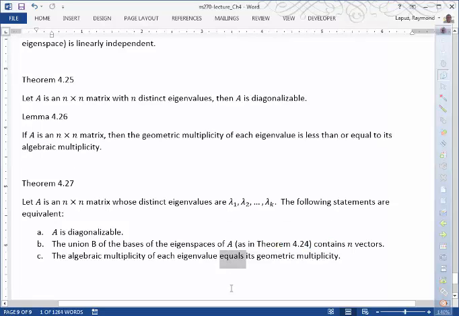Is it referring to the total geometric amount of algebraic multiplicity, or is it for each eigenvalue? Well, each eigenvalue would have its own algebraic and geometric multiplicity, and that would vary. Possibly. Yeah.